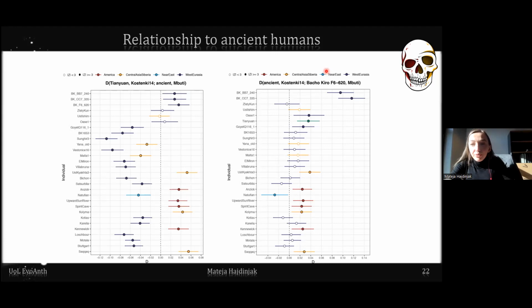However, they do not completely disappear, or their ancestry doesn't completely disappear from parts of the Upper Paleolithic Europe.